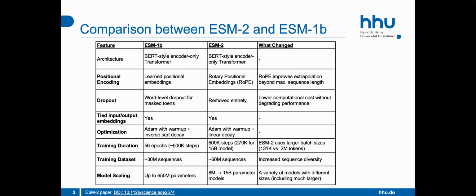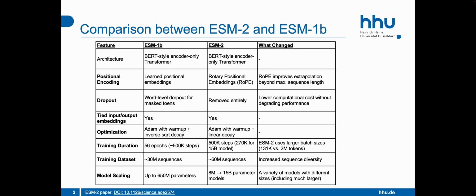A further difference is that the ESM-2 models use Rotary positional embeddings, or RoPE, instead of the standard learned absolute positional embeddings that were used in ESM-1B. RoPE encodes relative positional information in a way that helps the model to generalize better to longer sequences. We will have a closer look at RoPE embeddings in a few slides.